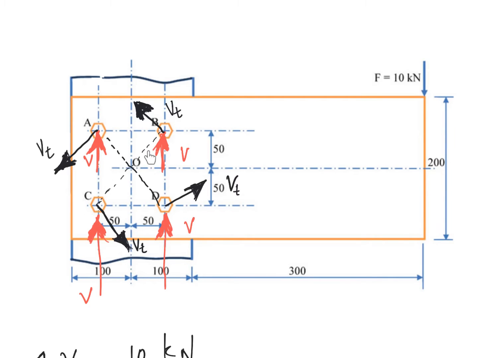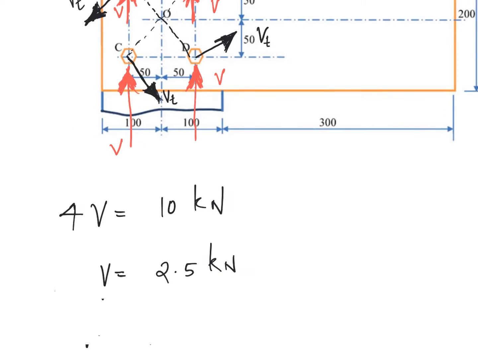Similarly, these two forces again form a couple in the counterclockwise direction. So all these four Vt's are preventing the rotation of the rod in the clockwise direction. Make sense? Now, from equilibrium equations, we can write 4V is equal to 10 kilonewton.